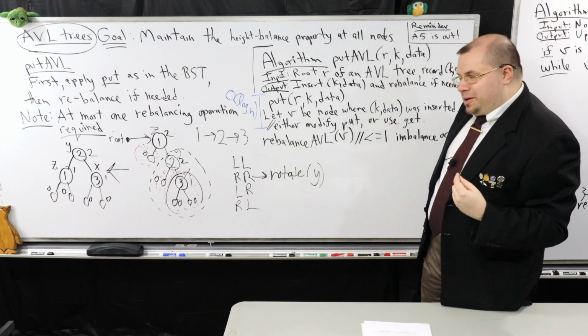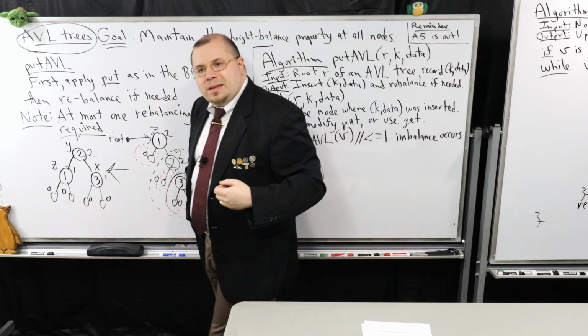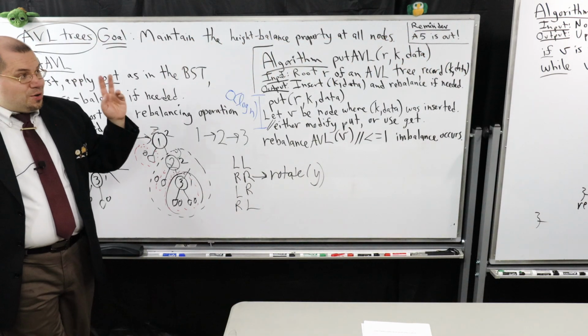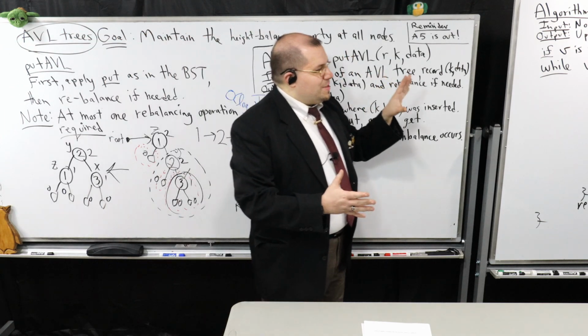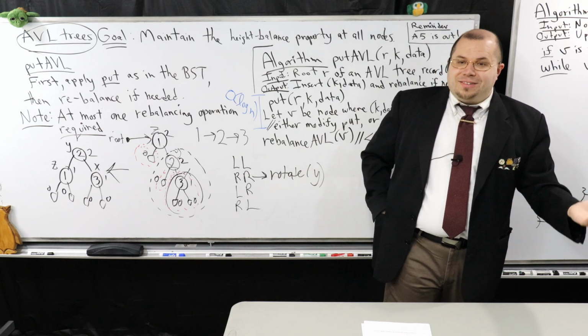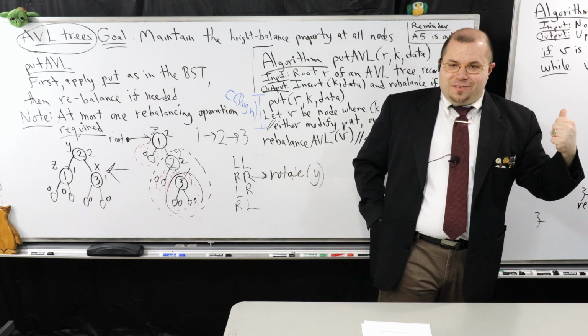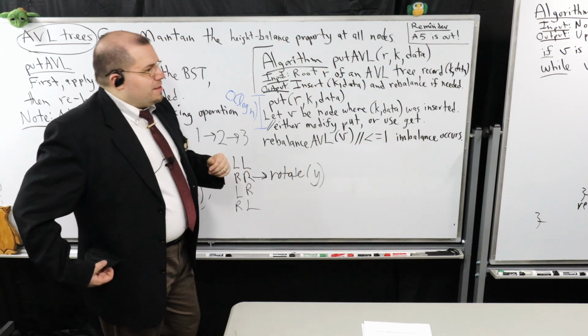The other part is how I'm actually doing the rotations. I'm going to take exactly what we talked about the other day and adapt it all together in one place. If you're wondering how this all comes together, it's rebalanceAVL. That's all it is. So let's talk about rebalanceAVL.